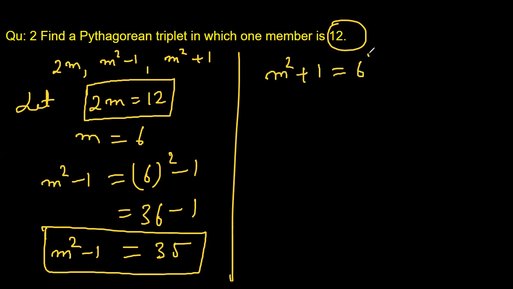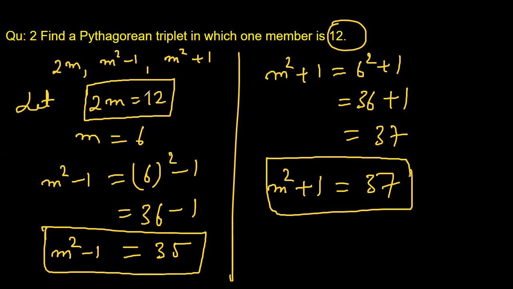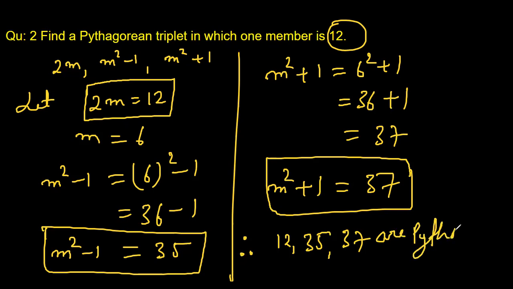That is 6 squared plus 1, which is 36 plus 1, 37. So m squared plus 1 would be 37. That means we have got the third member also. Therefore 12, 35, and 37 are Pythagorean triplets.